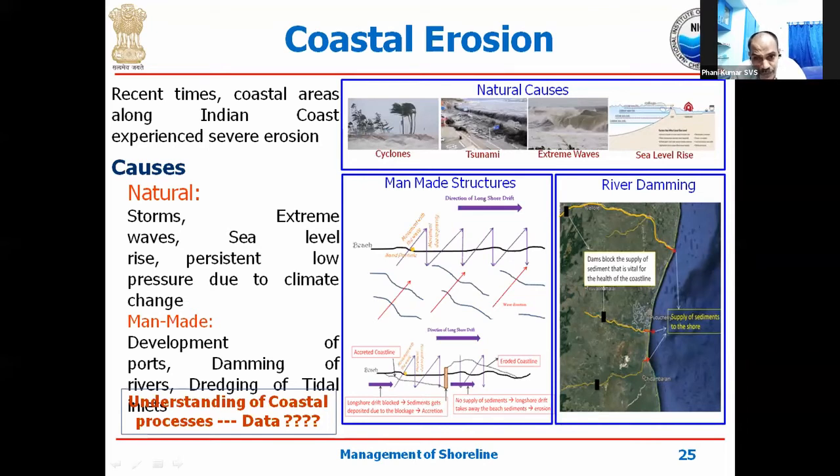What we proposed is that the dredged sand should be deposited in the area between the fishing harbor and the submerged breakwaters, so that the beach can be sustained. This is how we completed one part of the project. Next slide, please.